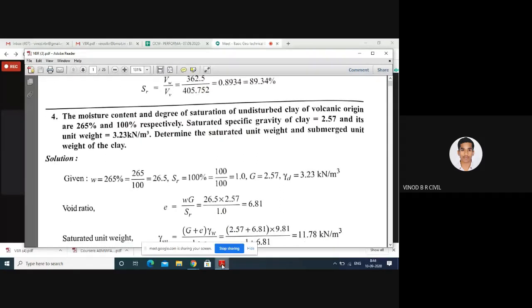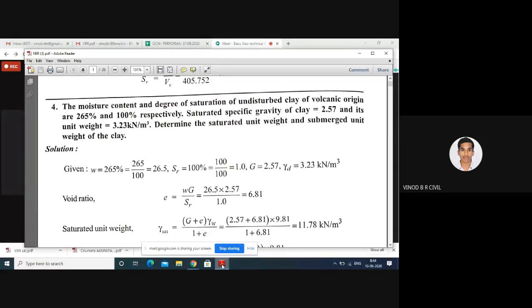The water content they have given in the problem is 265 percent. You have to convert it to a unit: 265 divided by 100, that is 2.65. That is the water content.